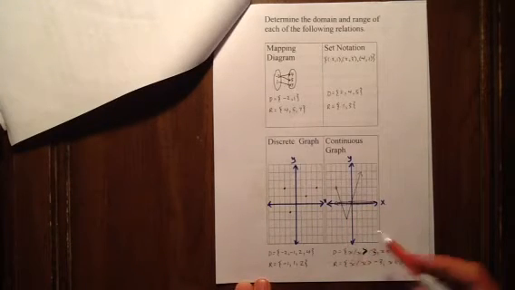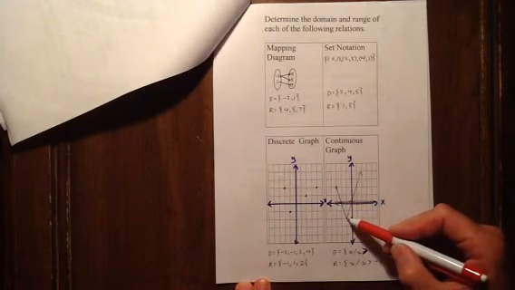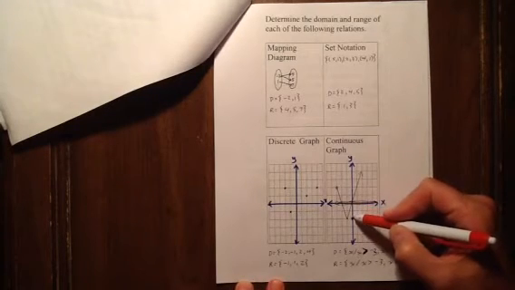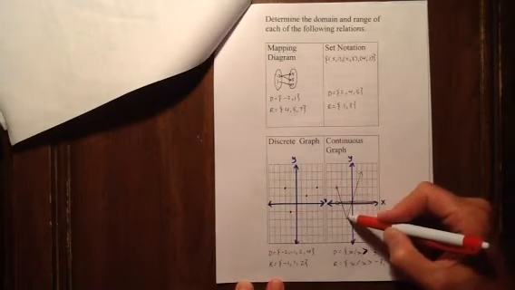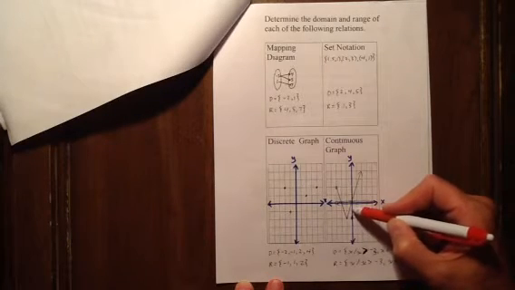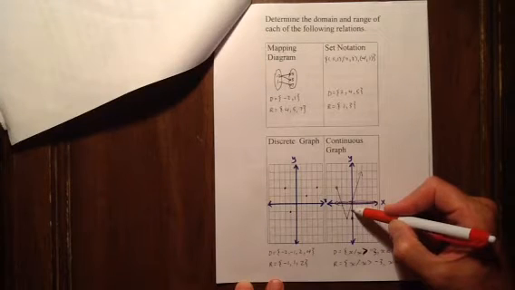Now let's look at our range. We look at our lowest possible y value, and our lowest possible y value is way down here. That coincides with the y value of -2. Now, as I move up the y-axis, I see that my curve has at least one point coinciding with each y value. So for instance, at this y value, my curve has points coinciding with that y value.